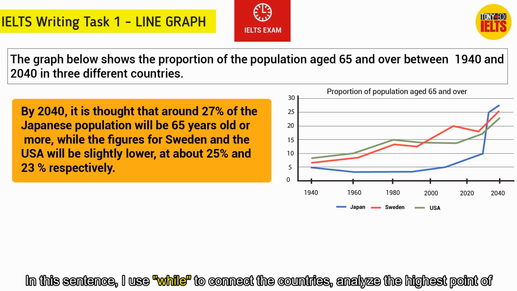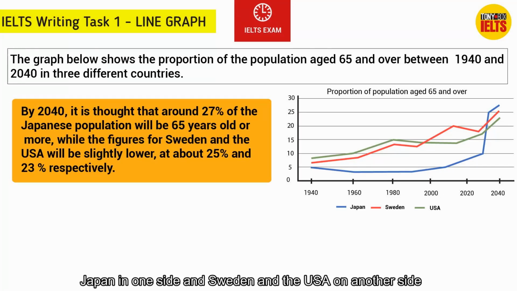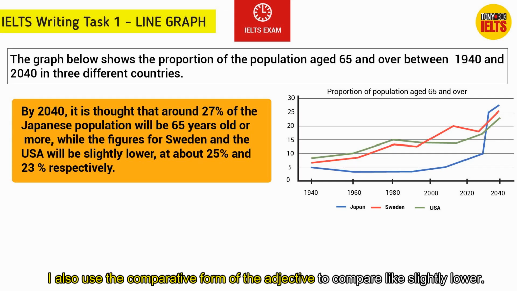In this sentence, I use while to connect the countries, analyzing the highest point of Japan on one side and Sweden and the USA on another side. I also use the comparative form of the adjective to compare, like slightly lower.